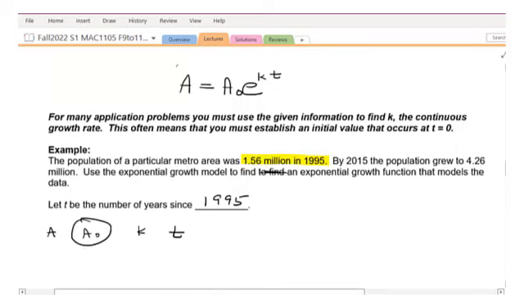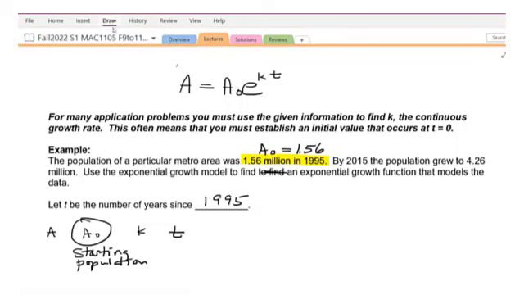A sub 0 is the starting population. So they're actually telling you here that A sub 0 is equal to what? Yeah, we're just going to use 1.56 and consider the millions to be the units. So 1.56. Okay, but they're also giving you another pair of values, another year and the population in that year. It says in 2015, it had grown to 4.26 million.